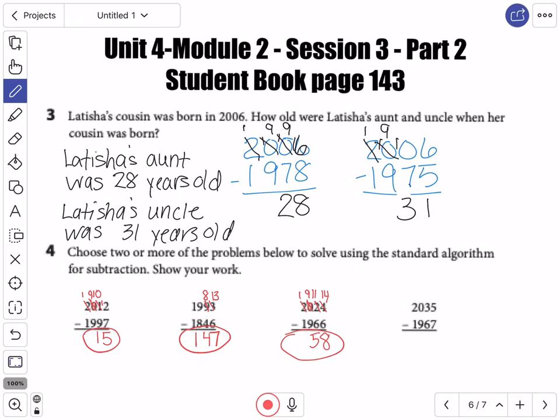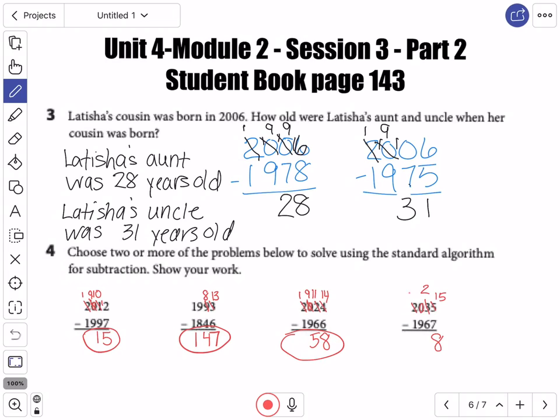And then last but not least, I've got 2035 minus 1967. Okay, so more on the floor. Go next door and get 10 more. 3 becomes a 2. My 5 becomes a 15. 15 minus 7 equals 8. Now I've got 2 minus 6, can't do it, okay? But I also can't take from this 0.